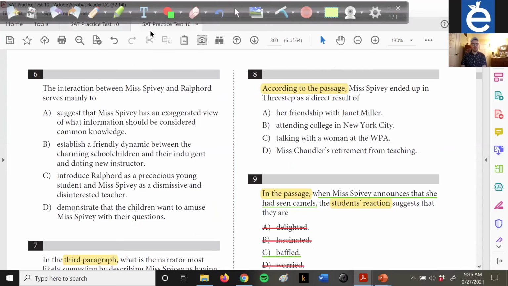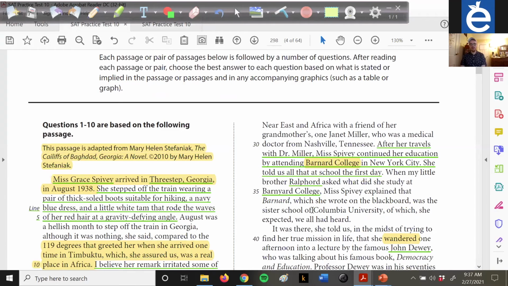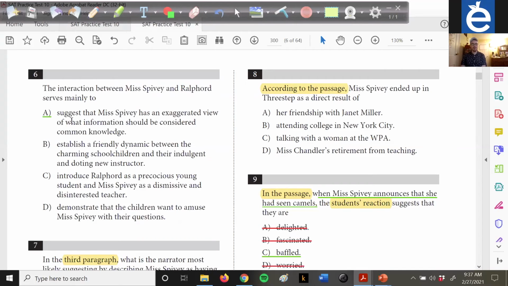So what does that illustrate in the story? Does it suggest that Miss Spivey has an exaggerated view of what information should be considered common knowledge? Yeah, that seems pretty on the nose, right? She thinks that everyone's heard of all the things she's seen, all the things she's been to, including Columbia University. She doesn't really back down from that. So I like that so far.